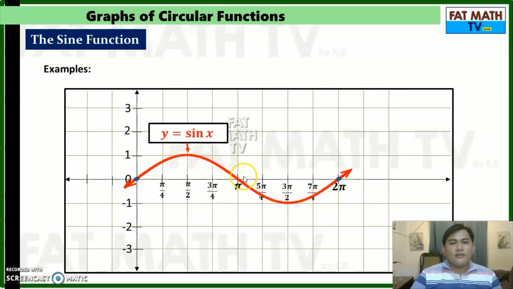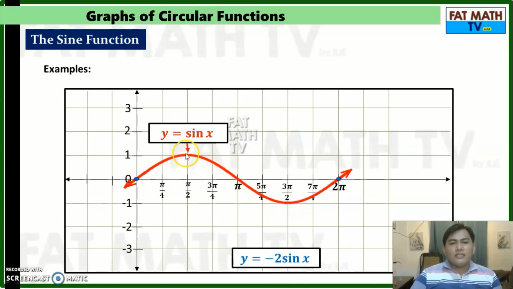Okay, here we go again with y equals sine x. So don't forget this graph. This is the graph of y equals sine x. One cycle of it, and then it will repeat, and then it will also repeat here. How about if we have a negative value here before the sine x, negative 2? Meaning to say all the values of sine x will be multiplied by negative 2.